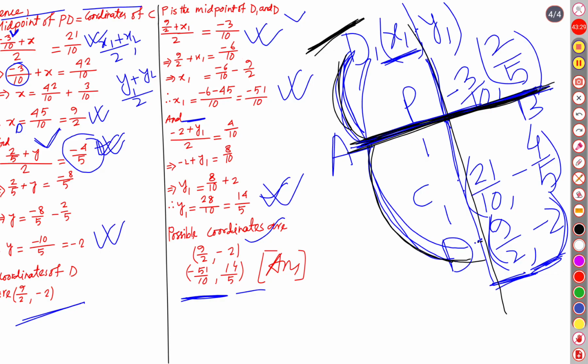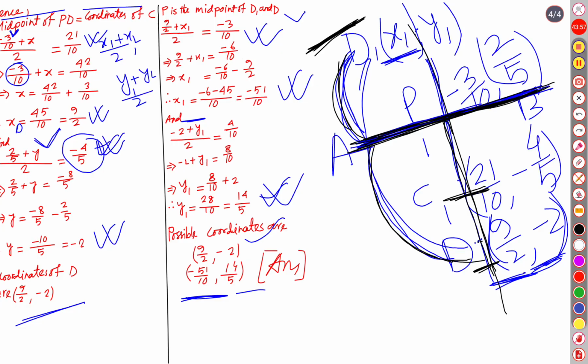So D1 may be the reflection of D. That means P is the midpoint. So we have applied the midpoint concept for two cases. In the first case, the midpoint was C for only PD. But in the second case, P is the midpoint of both D and D1.